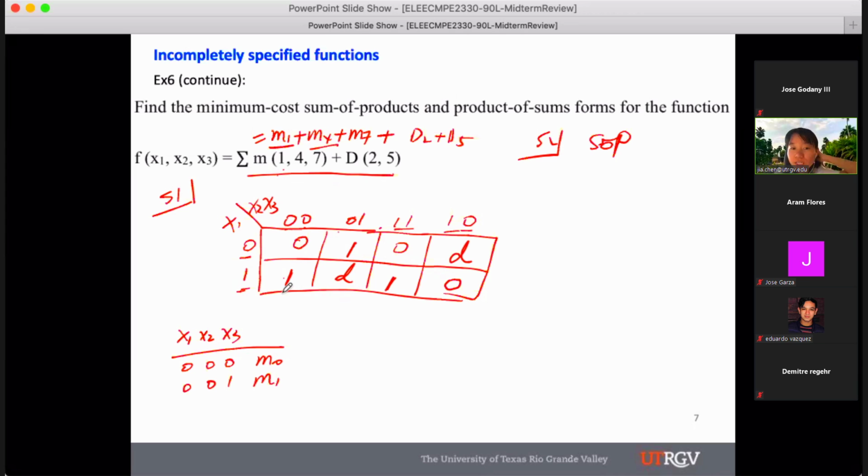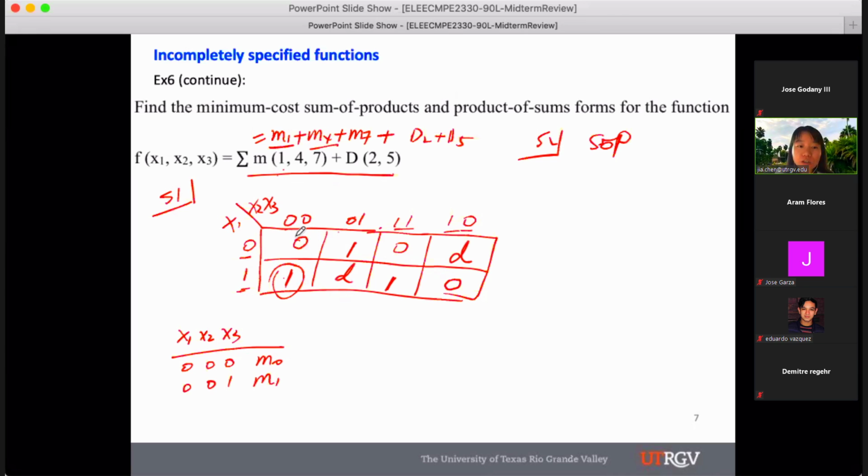For example, if I'm considering this one, I cannot circle it with the top one because it's 0. Remember we said in the K-map you assume you can fold it left to right, top to bottom. So the most top and the most bottom are neighbors, and the most left and the most right are also neighbors.